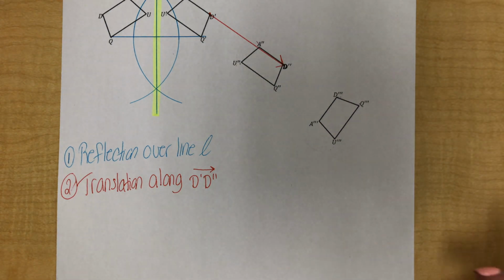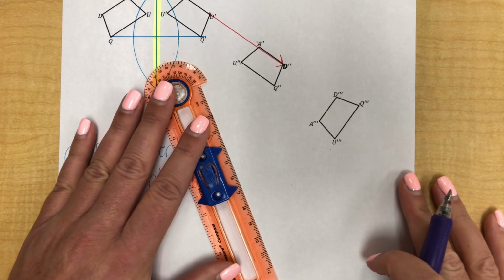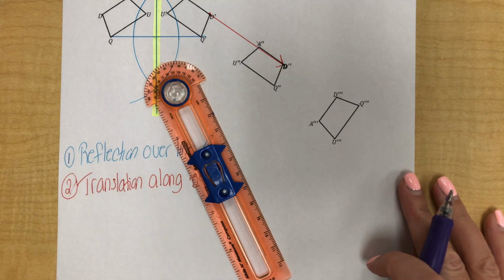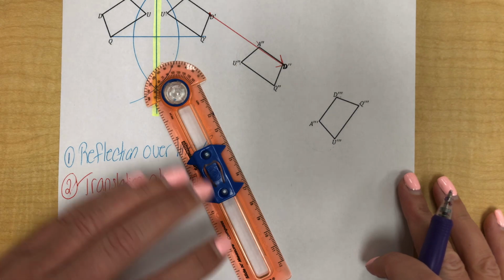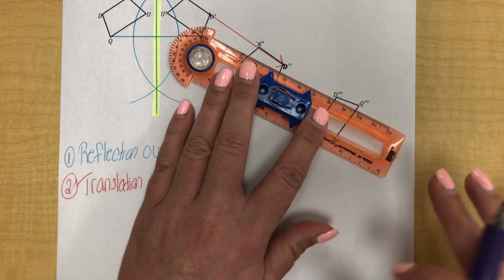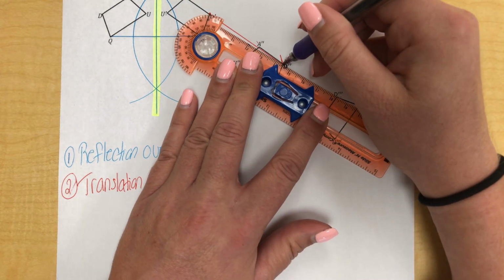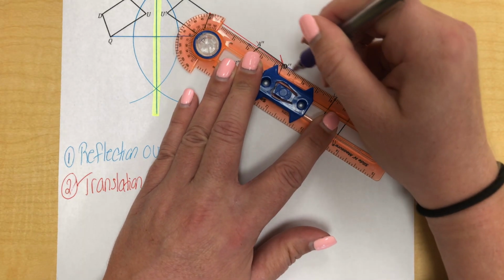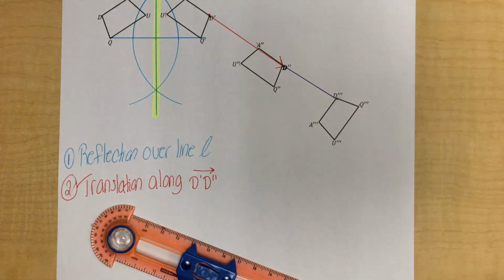So one more time, if I want to rotate, the first step is to find my center of rotation by connecting corresponding points and creating a perpendicular bisector. I'm going to connect D to D prime, I'm lying, D double prime to D triple prime.